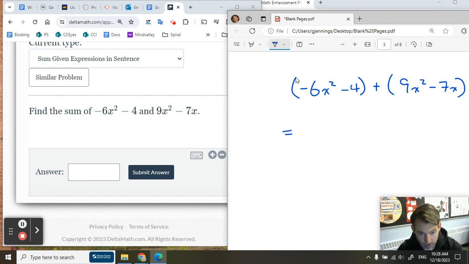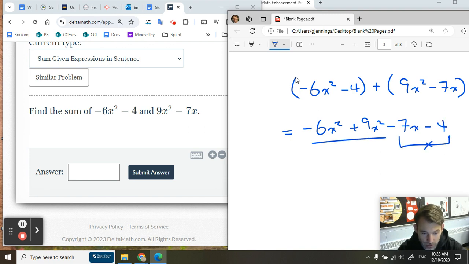Okay? So I could rewrite that as negative 6x squared plus 9x squared minus 7x minus 4. These are like terms. These are not like terms. So these can combine into 3x squared. Minus 7x minus 4. That's correct.